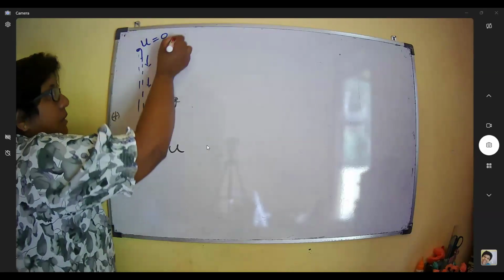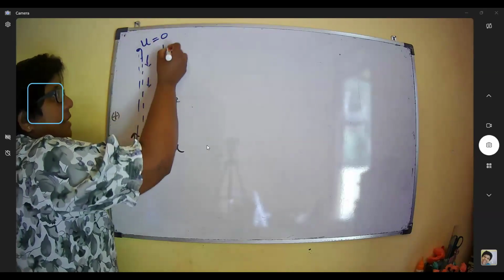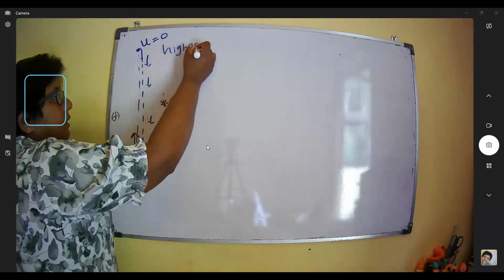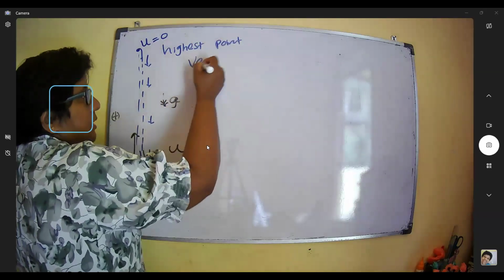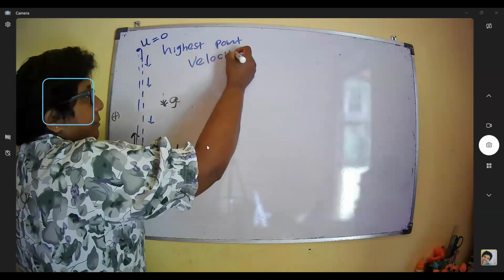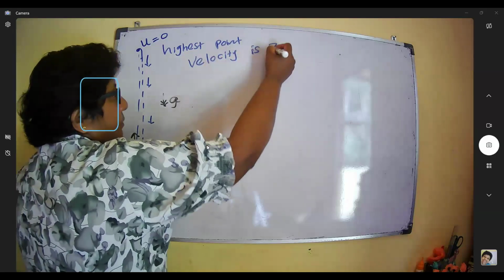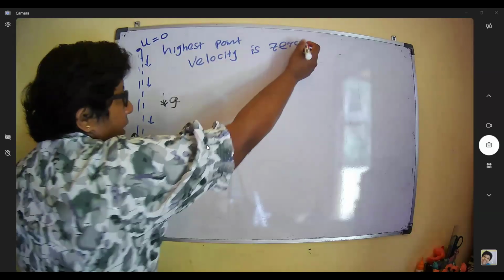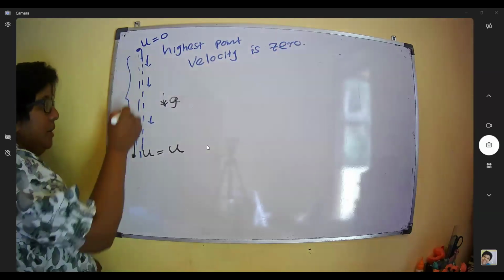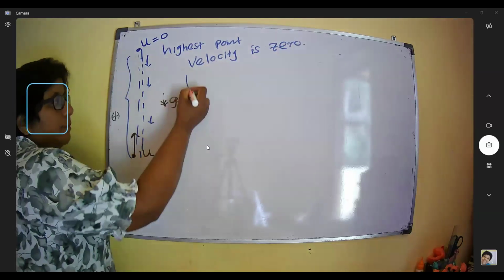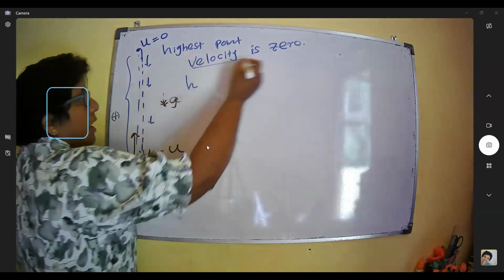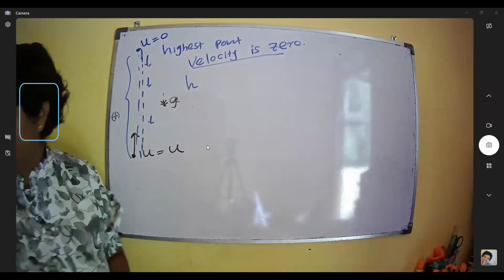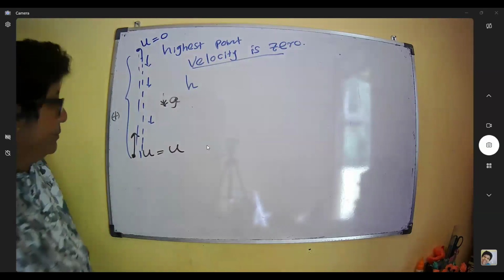You must remember that at the highest point, velocity is 0. If you want, we can find the highest position h, using the fact that at the highest position velocity is 0.